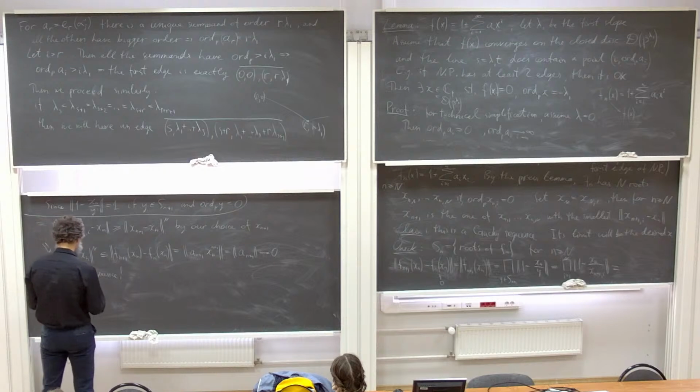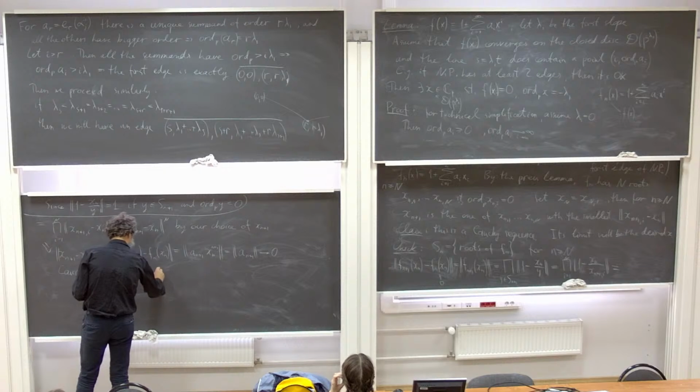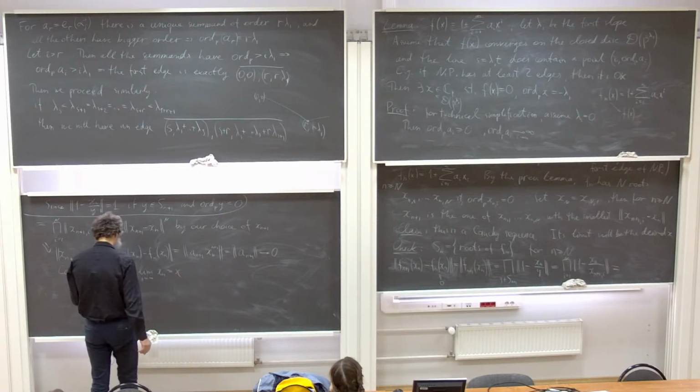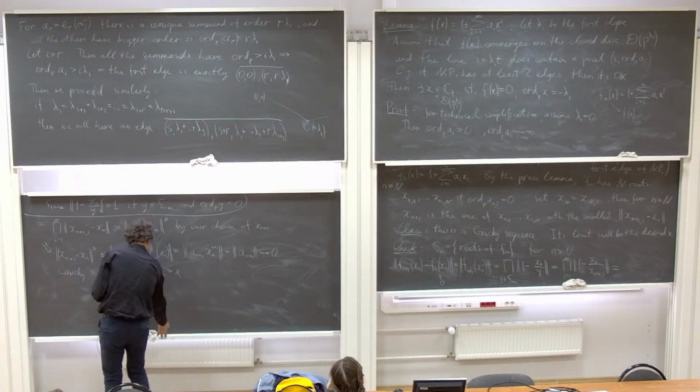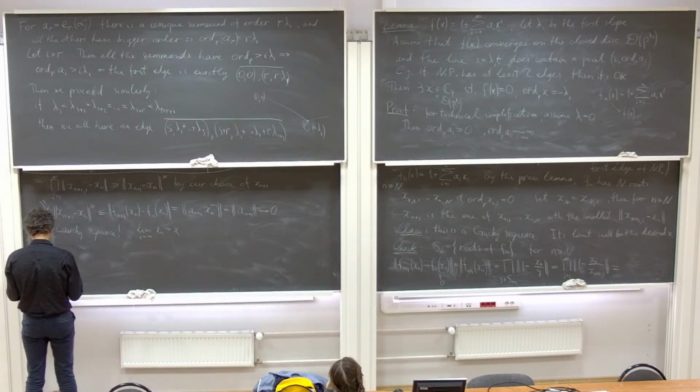Okay, so it does converge somewhere. The limit of xn is x. Now we have to check that this x solves our problem.